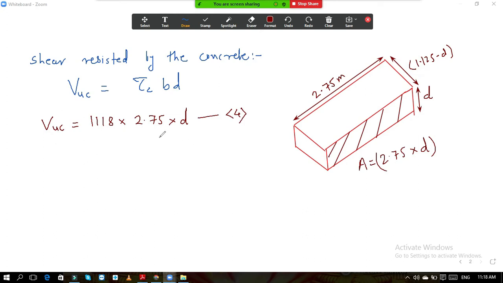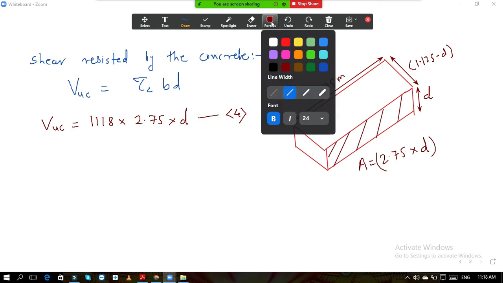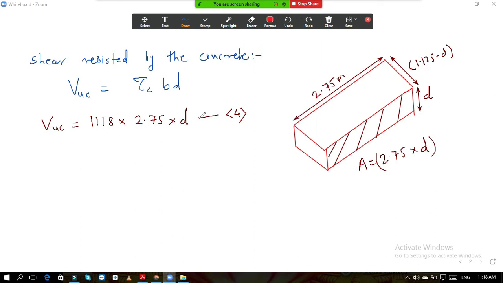Now equate equation 3 and 4. Why are we equating equation 3 and 4? Because we want that whatever shear is developed, that should be resisted by concrete only.